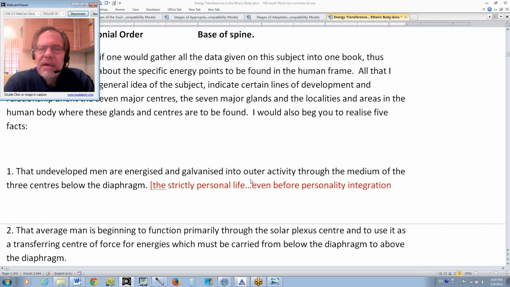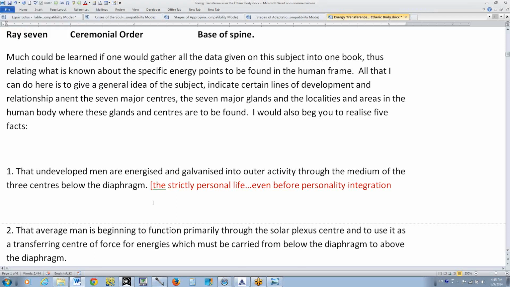So we're on a different level, a different tier, as it were, but still we have plenty of difficulties to deal with as aspirants and even as disciples with the over understimulation of the centers below the diaphragm. So even though we may be working primarily, even in the sacrifice petals, there may be issues to be taken care of in the lower petals and in relation to the lower centers and the planets that control them.